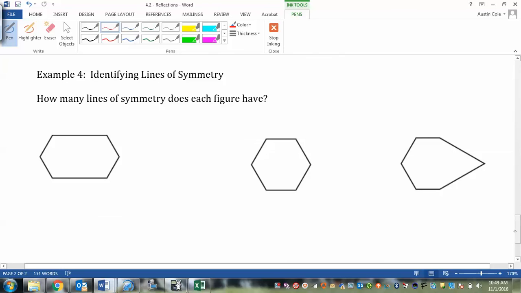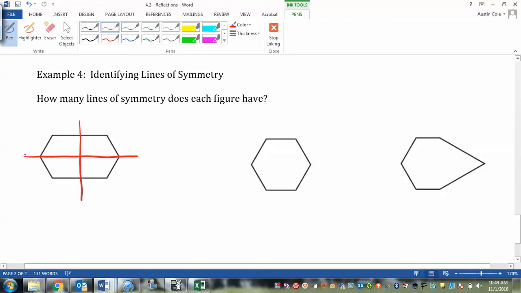So, how many lines of symmetry does each figure have? Let's actually draw them in there. So, can you describe one of them for me? Hamburger, right? Cutting it hamburger style. That'd be one. If you folded the figure on that line, it would map to itself. Ellie? Yeah, kind of hot dog, going this direction.